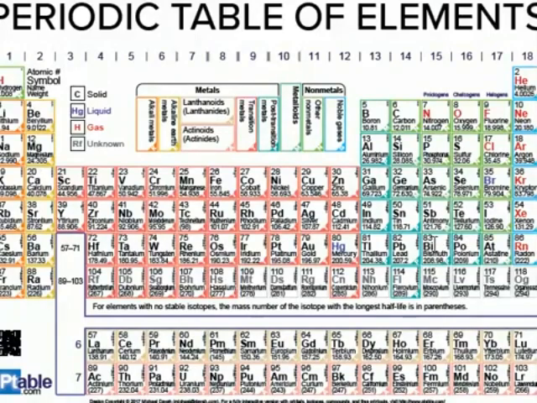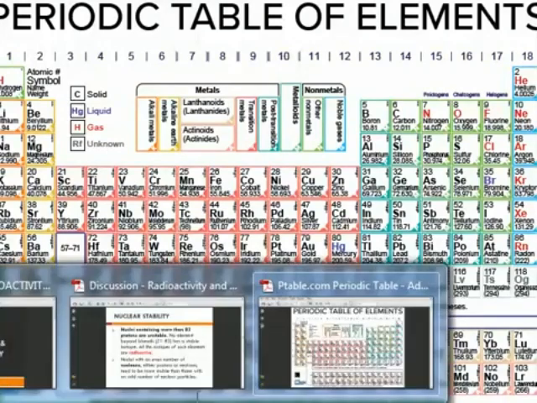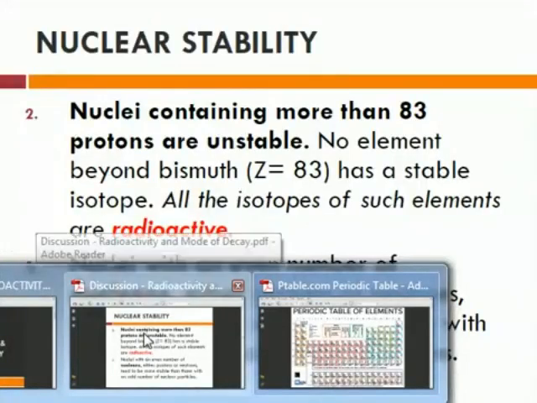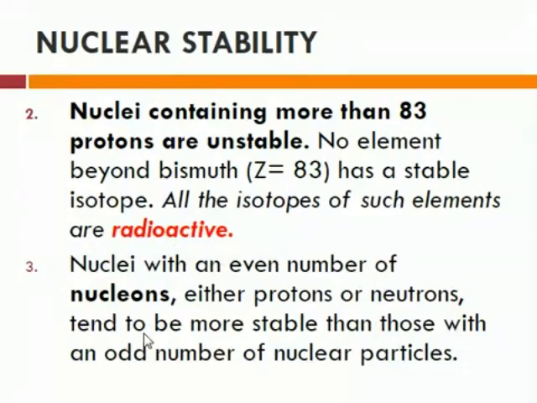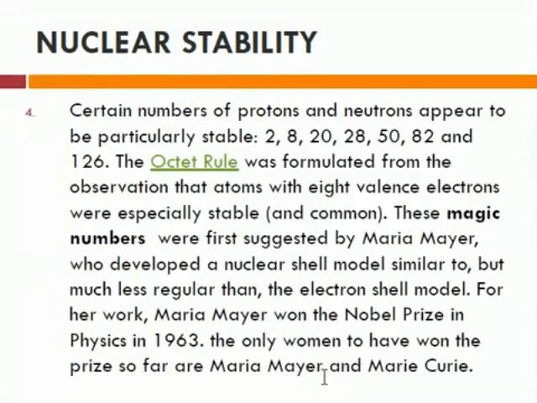Beyond bismuth, the isotopes are considered unstable and radioactive. Number 3: nuclei with an even number of nucleons, either protons or neutrons, tend to be more stable than those with an odd number of nuclear particles.